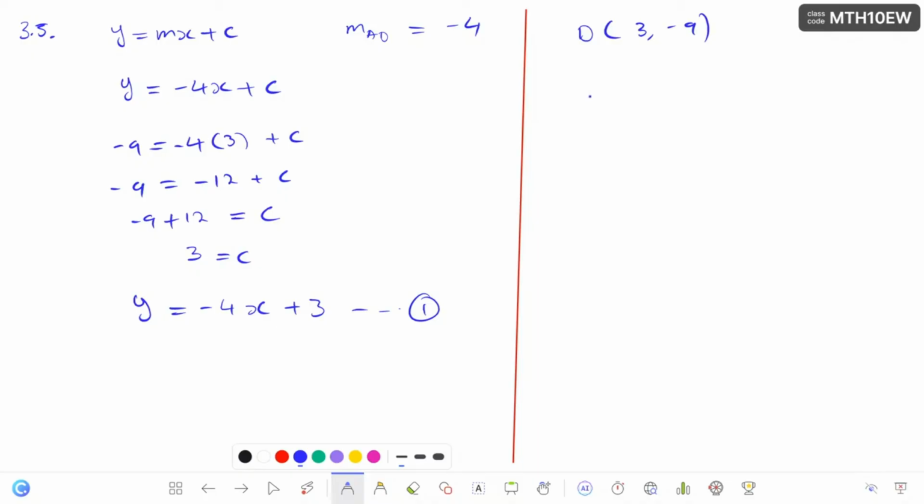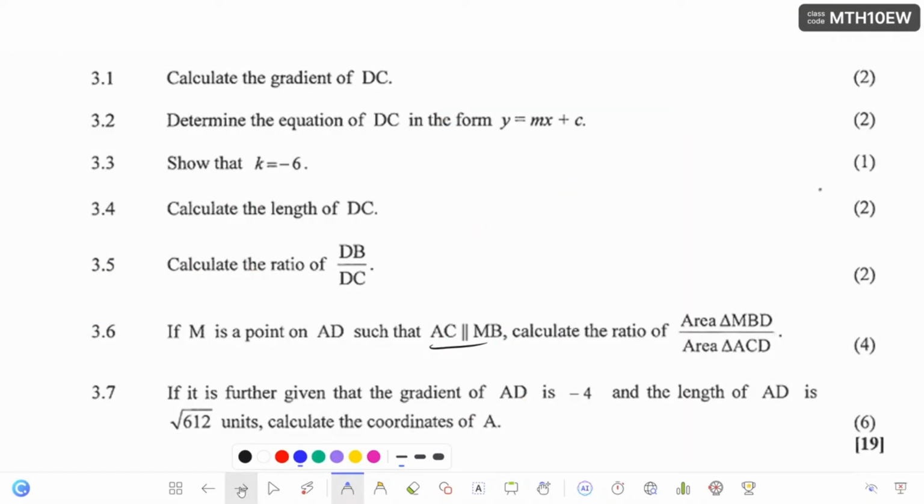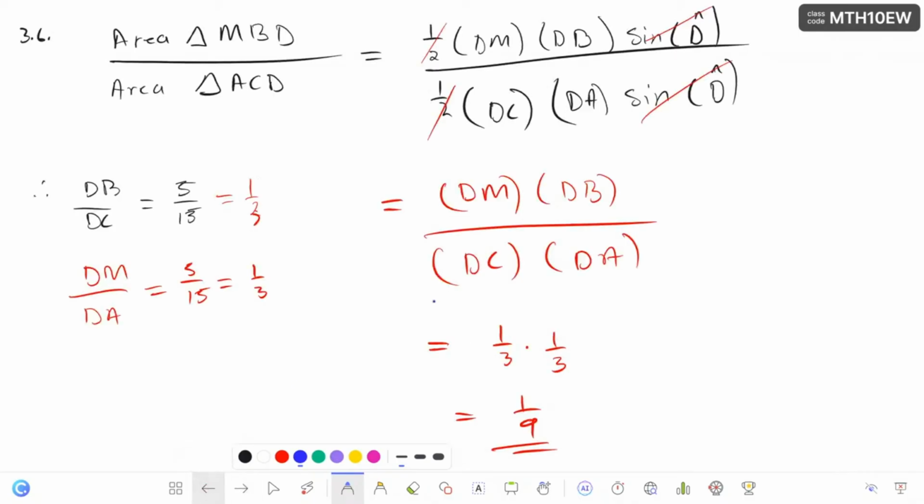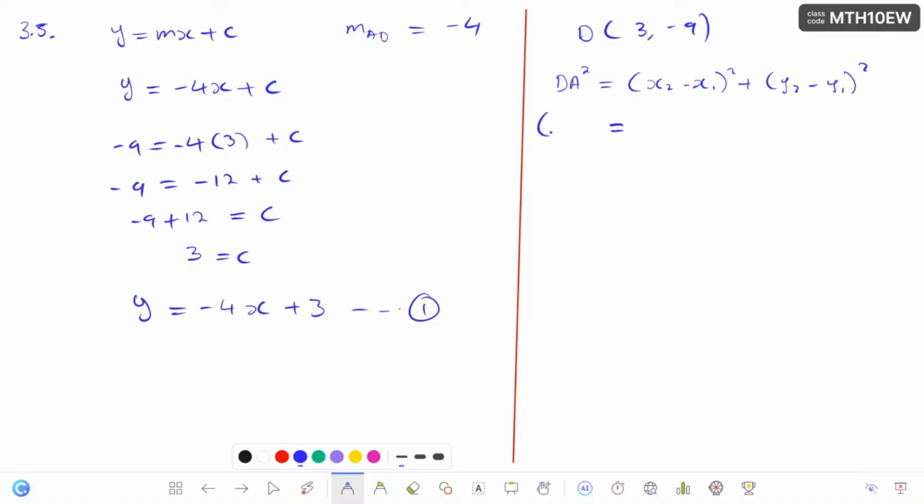So now we need to use the length. Length of DA, or DA squared, is equal to x2 minus x1 squared plus y2 minus y1 squared. So this one we're given is the square root of 612. And then we are going to use the coordinates that we know.